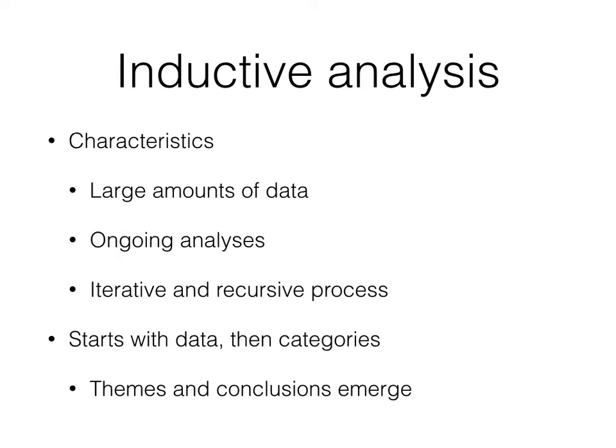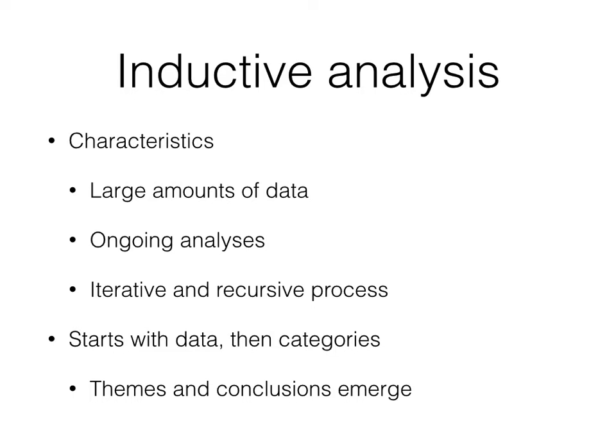Now, you'll remember from a previous lecture that qualitative data analysis is usually an inductive process. That means you're starting with these huge amounts of data. And then there's this analysis that goes on and starts over and goes back and forth, and you change things as you move along.